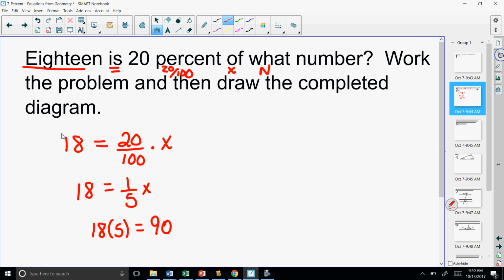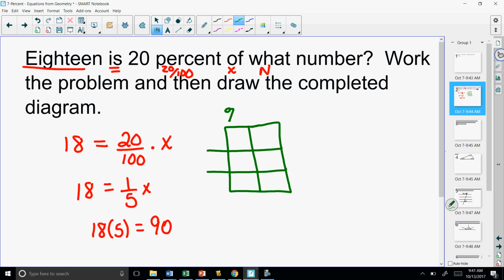Now I have to make a diagram of it. What does this whole diagram mean? Sometimes I find it easier to work with a box diagram. If I were to solve this problem another way, I could set it up as a box diagram where one column deals with my percents, and the other one is the actual number.